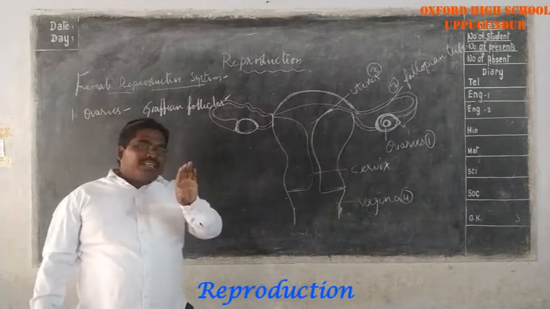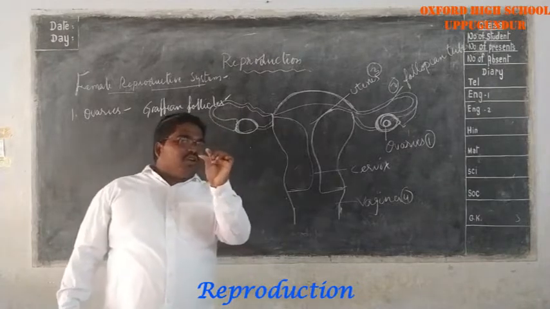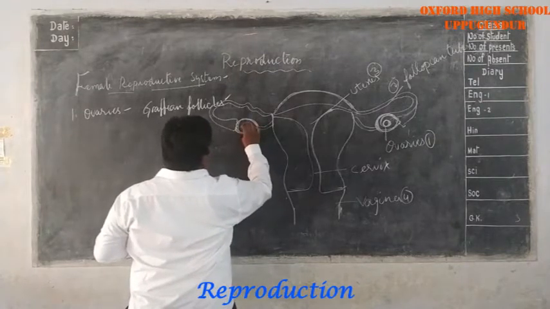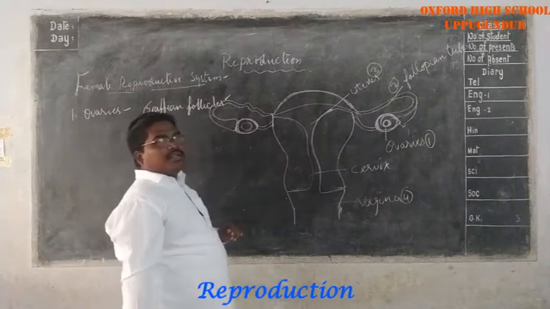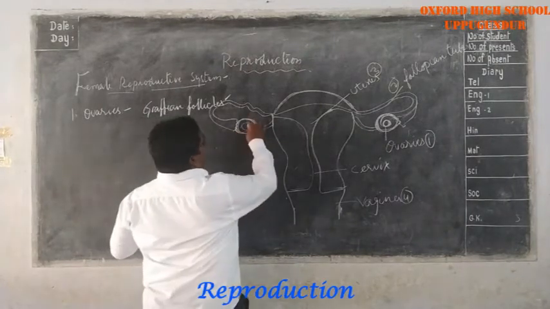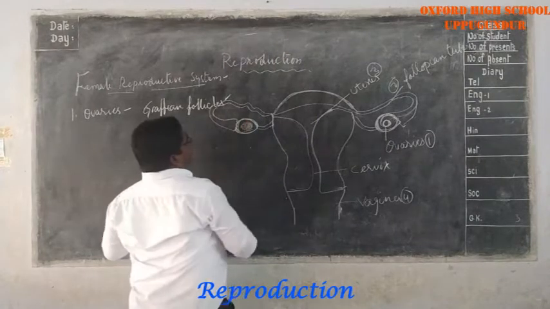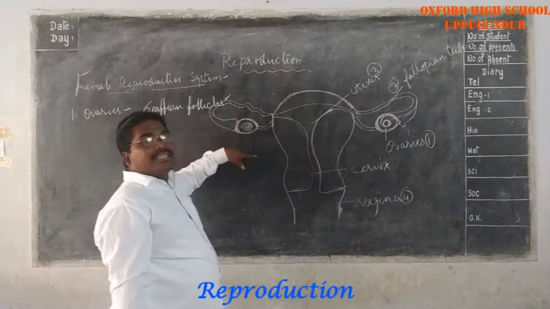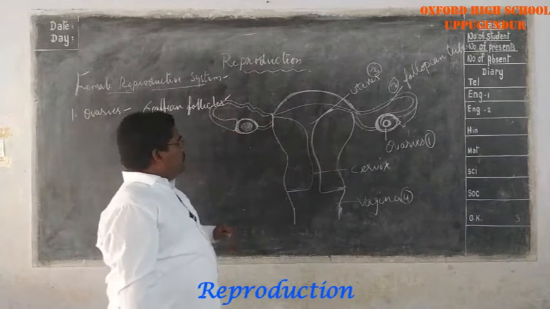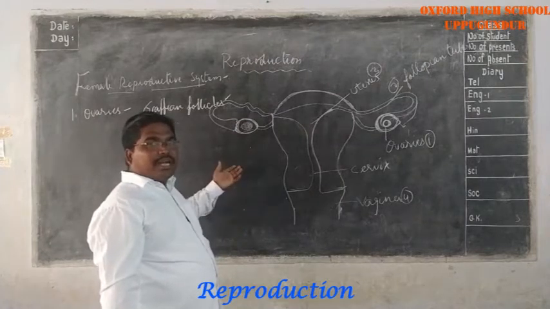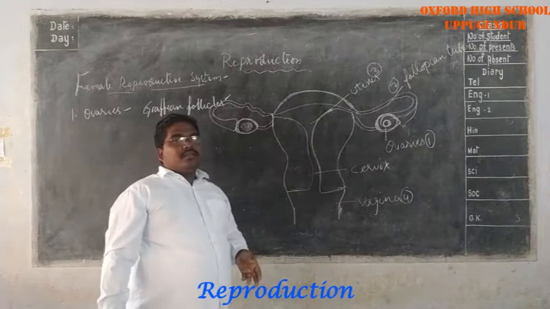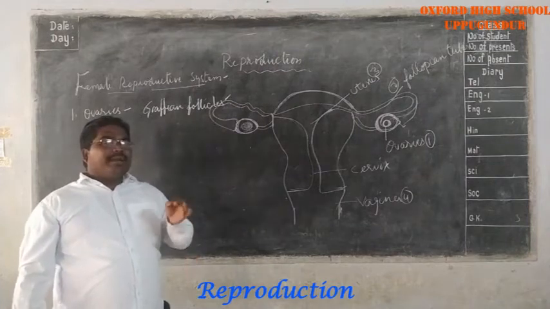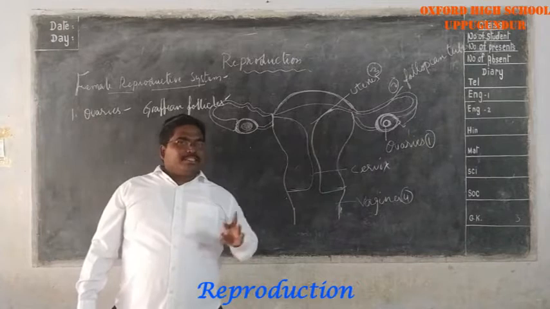When a follicle grows, it develops a cavity filled with fluid, and the ovum develops in that cavity after the process of cell division, meiosis. Remember, two types of cell processes are there, meiosis and mitosis.